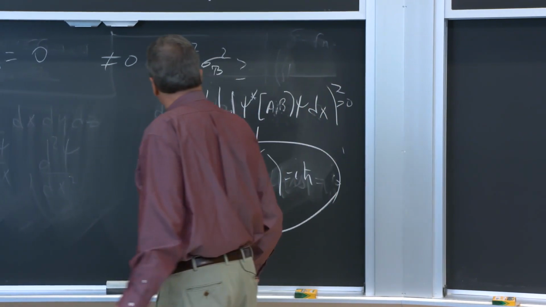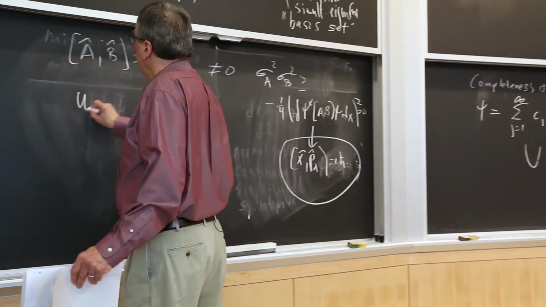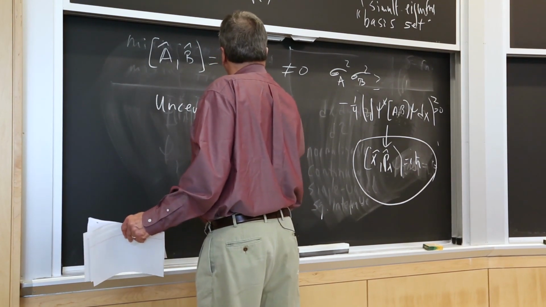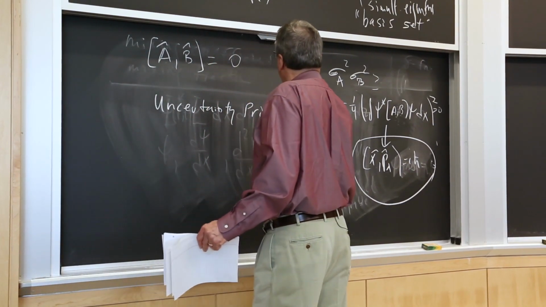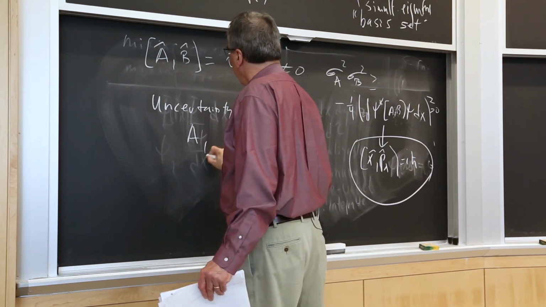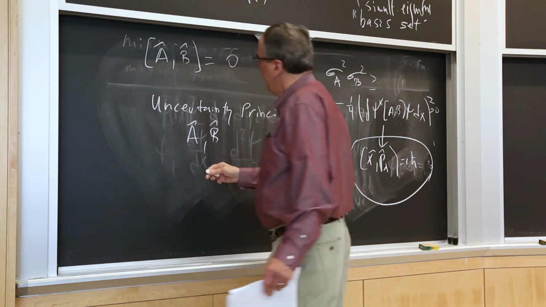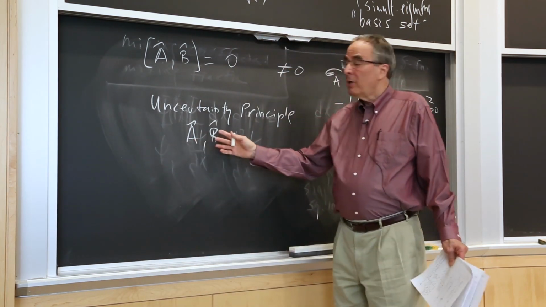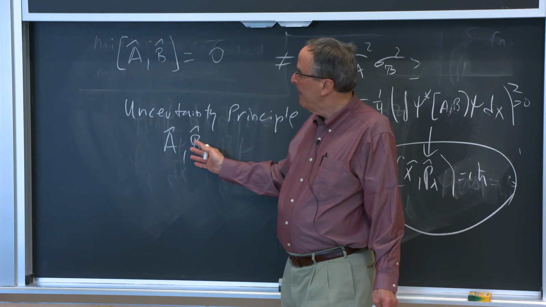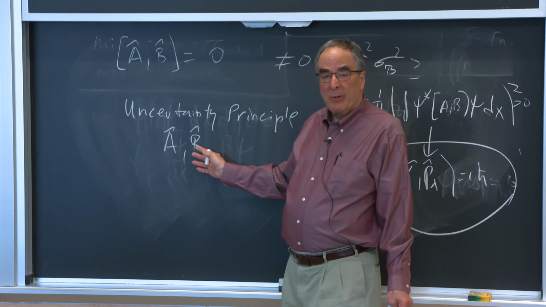So, the uncertainty principle: if we know operators A and B, well, we can calculate their commutator. This is a property of the operators.